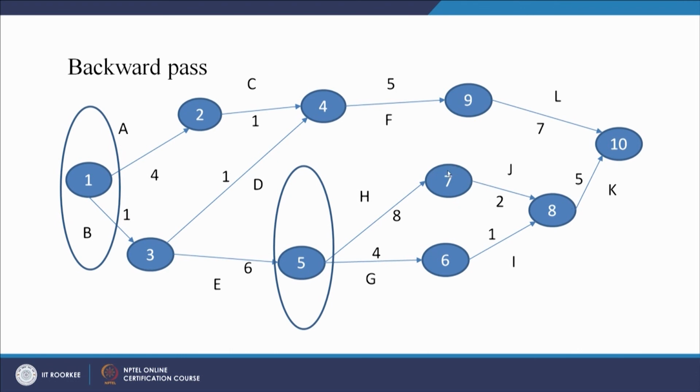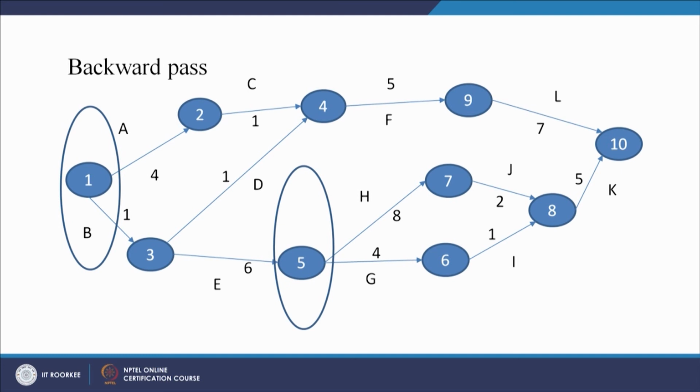So 15 minus 8, 7. H must start after 7 days. Similarly, 16 minus 4, 12. So G must start after 12 days. And now we have 2 different paths entering into 5. So we have to take the minimum value of the 2.